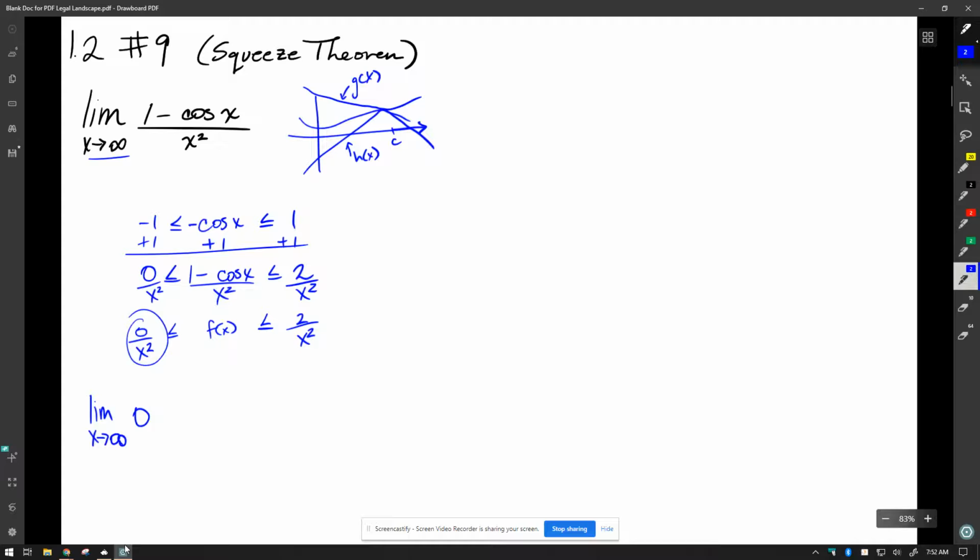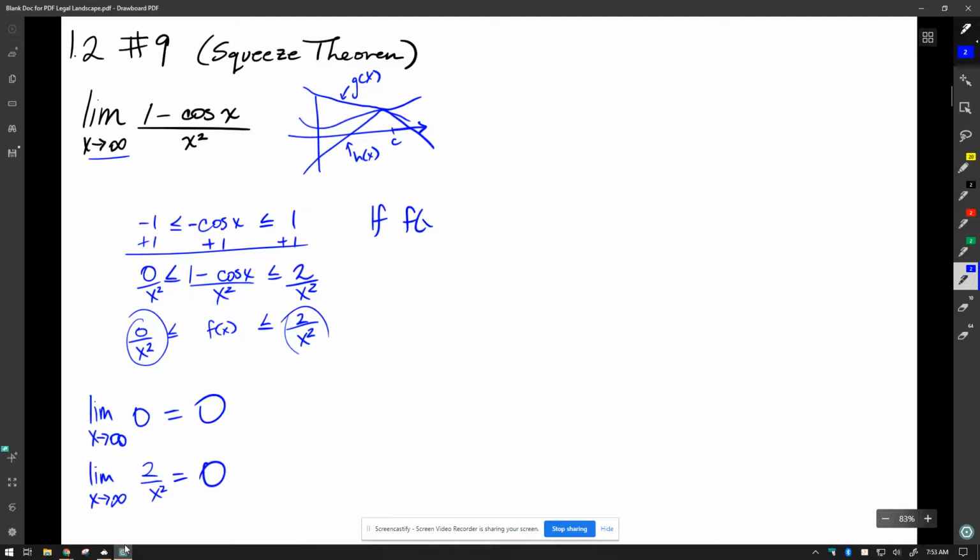The limit as x approaches infinity of 0 is 0. What about the limit of the upper function? The limit as x approaches infinity of 2 over x squared. And by graph, we can show that this is also 0. So now we have the two conditions of the squeeze theorem true, and we can give our answer.